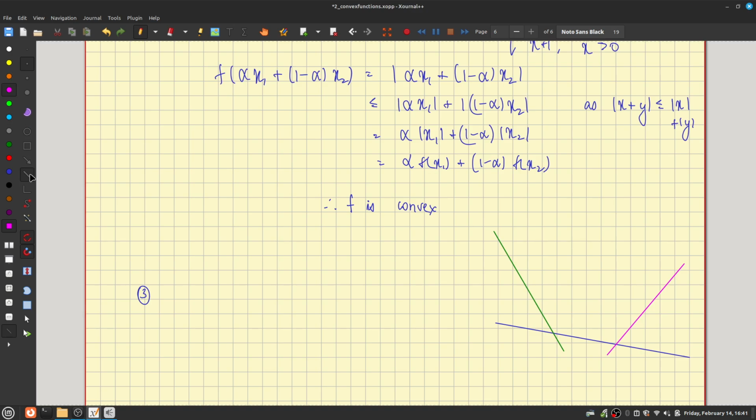Then visually you can see that this particular function over here is convex.